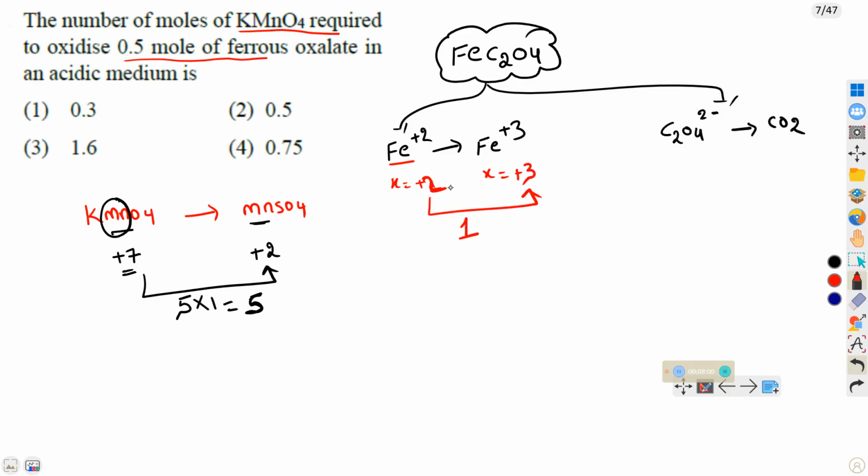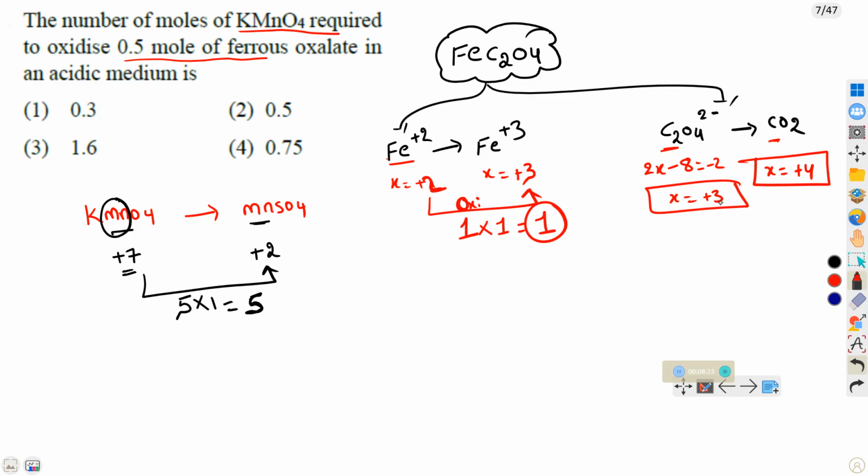Oxidation number difference 1. Process is oxidation process. Only 1 iron atom, multiply with 1. N factor value 1 here. Here calculate. 2x minus 8 is equal to minus 2. 2x is equal to 6. x is equal to +3. Here x is equal to +4. +3 to +4. Oxidation number difference 1. How many carbon atoms are present on the reactant side? 2 carbon atoms. So multiply with 2, that is equal to 2.